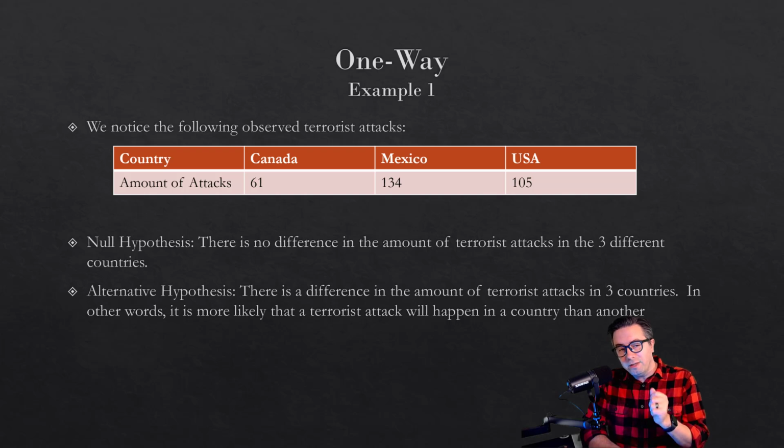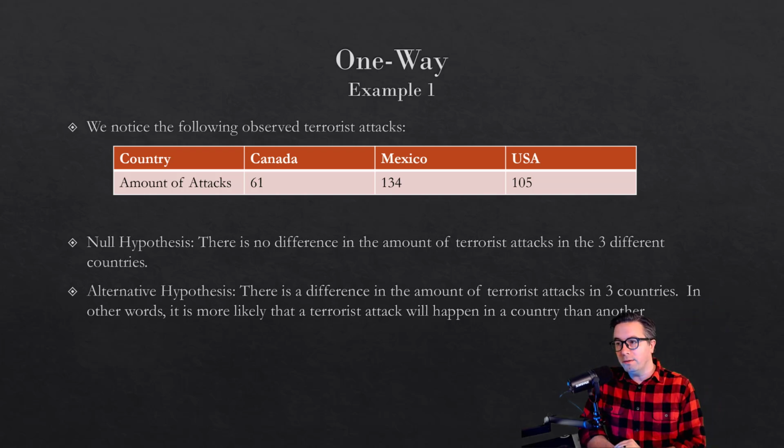Our null hypothesis is that there is no difference in the amount of terrorist attacks in the 3 different countries, right? The alternative hypothesis is that there is a difference in the amount of terrorist attacks in the 3 countries. In other words, it is more likely that a terrorist attack will happen in one country over another, right?